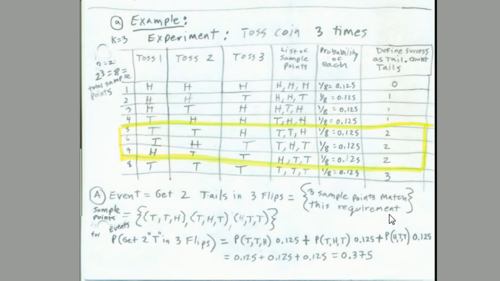If we're going to calculate the probability, what is the probability? We have to add up the probability for each sample point. Down here we have our sample points, 1, 2, 3. And here we have 0.125 plus 0.125 plus 0.125. And we get 0.375. So if you flip a coin 3 times and you're expecting to get 2 tails, you can estimate using classical probability that the probability is 0.375.